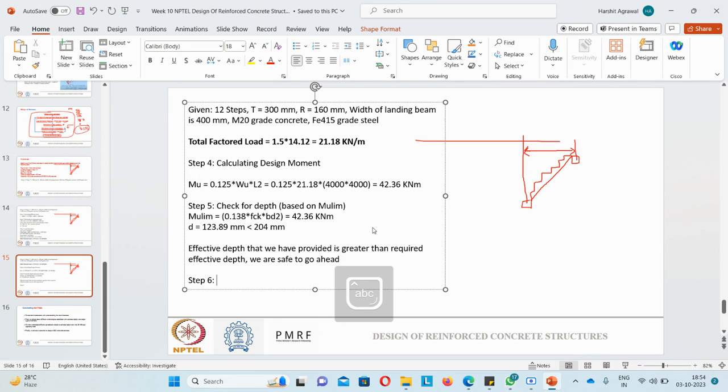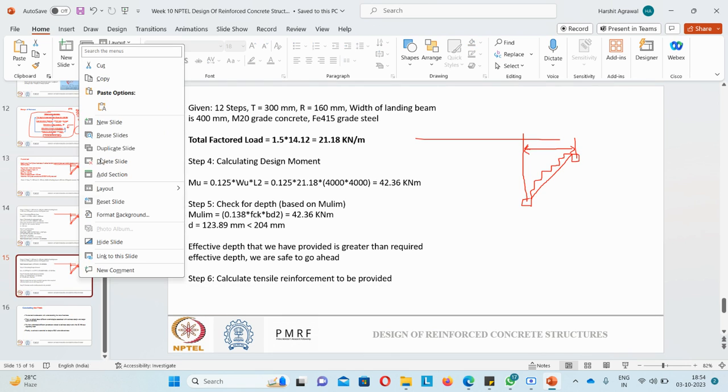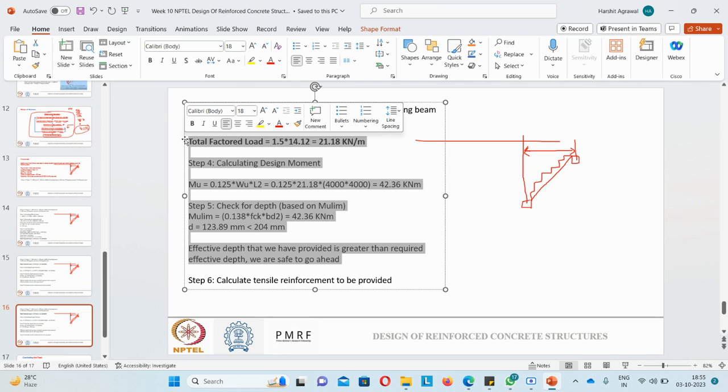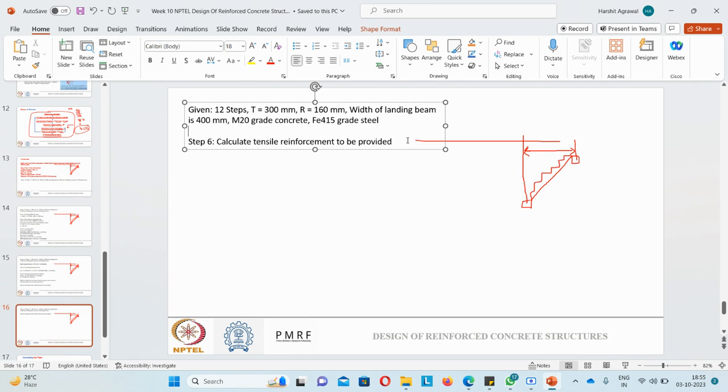Step 6 will be to calculate the tensile reinforcement to be provided. How will we do that calculation? Once we know the effective depth, the moment we need to resist, the width per meter width, and the grade of steel and concrete, we can directly use the relation we saw in the design of beam.